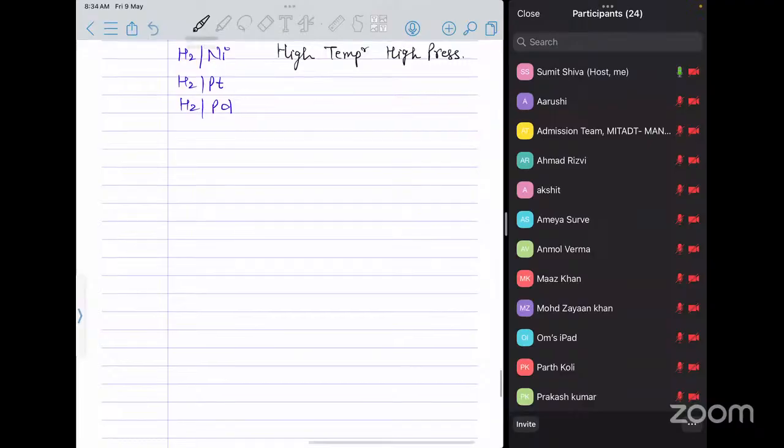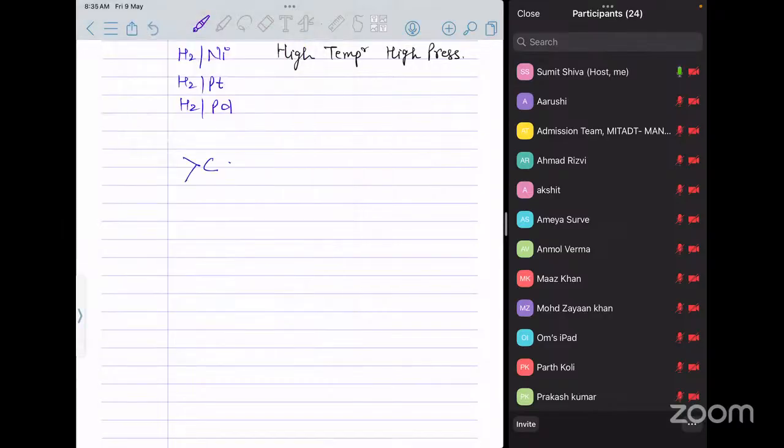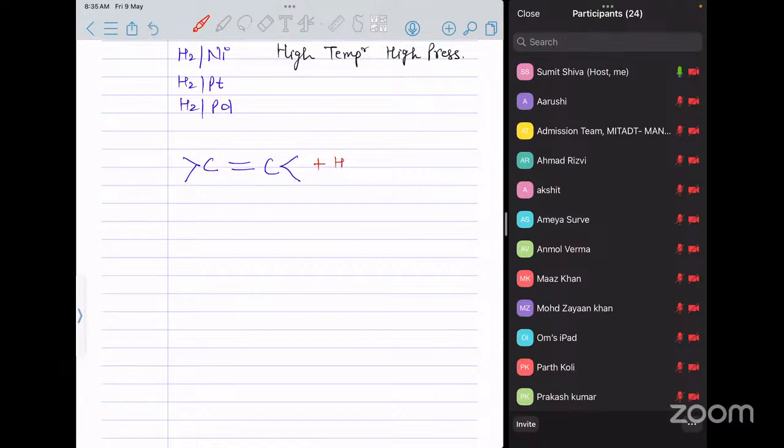And how does the reaction take place? If we have a double bond, there will be one sigma bond and one pi bond. On reduction, the pi bond will be broken and hydrogen will be given on both the valencies. Let's say we have carbon double bond carbon and we treat it with hydrogen H2.